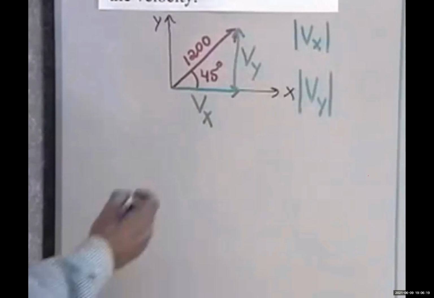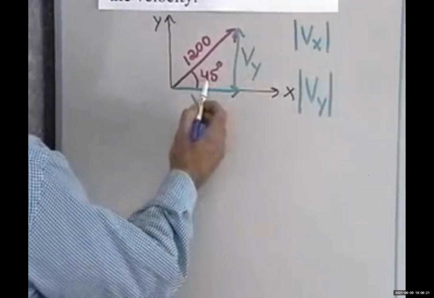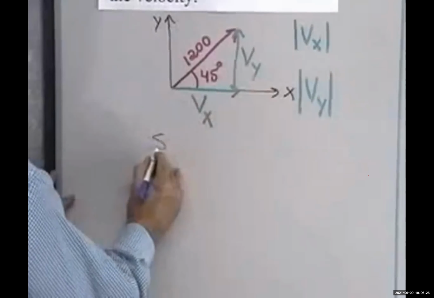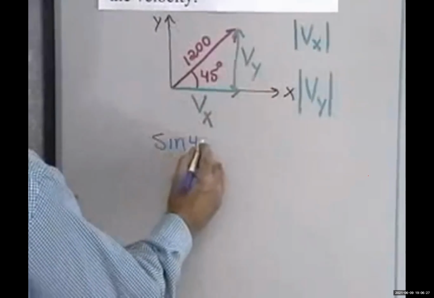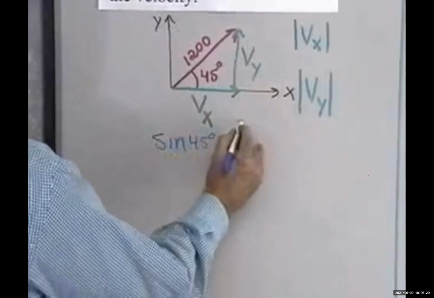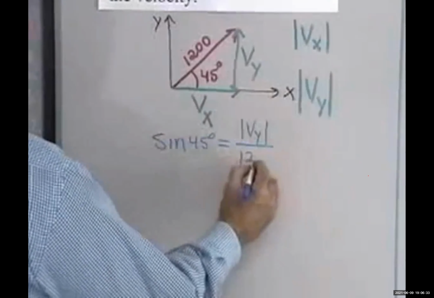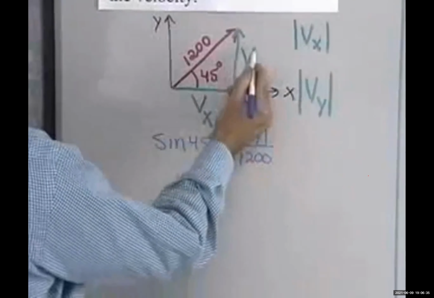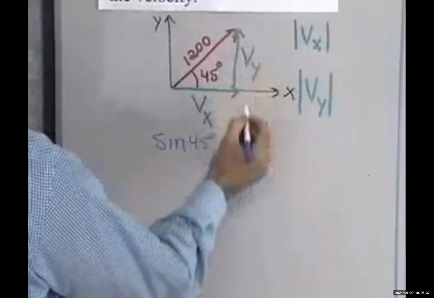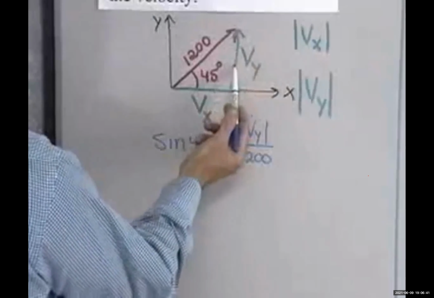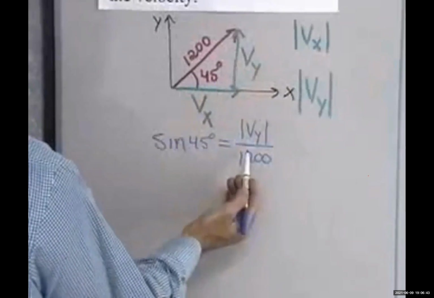So I'll use the trigonometric function, the sine function, to find the magnitude of v sub y. And this is what I would have. The sine of 45 degrees would be equal to the magnitude of v sub y all divided by 1200. So this is the vector v sub y. The magnitude of it is its length right there. So the sine of this angle is the opposite side divided by the hypotenuse, so I get this.